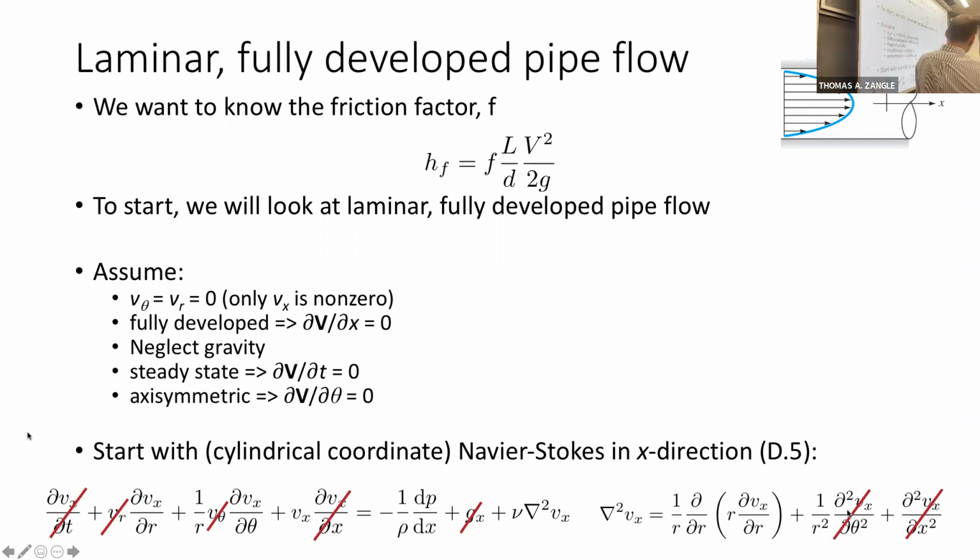And all the way on the right-hand side, d squared Vx d theta squared is 0 because we're assuming it's axisymmetric. There's no variation around the theta direction. And d squared Vx dx squared is 0 because again, we're assuming that it's fully developed. So we've simplified this dramatically.